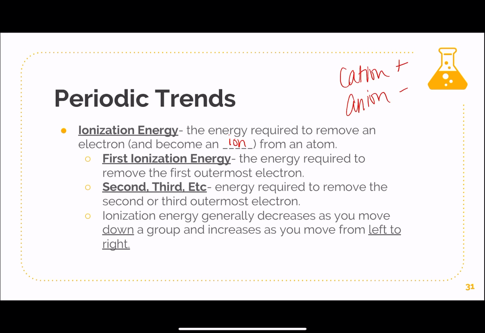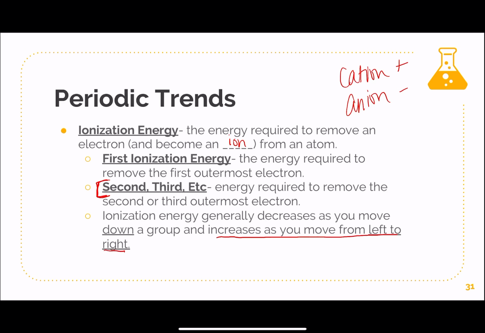So we're just looking at ionization energy in general, and it increases as you move from left to right. But I do want you to understand the difference: third ionization energy would be the energy required to take 3 electrons, and so on and so forth. So it increases as you move from left to right.